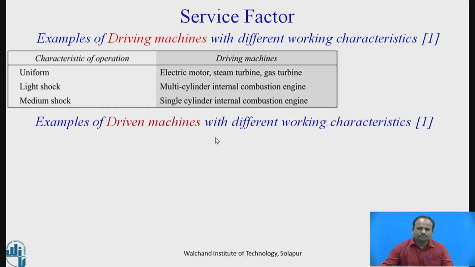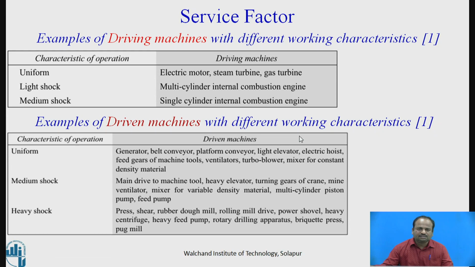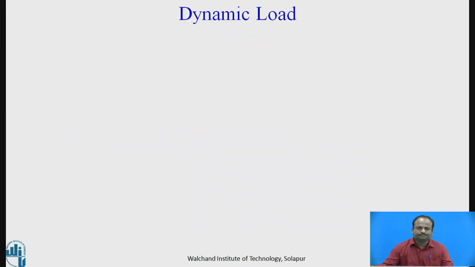Next, examples of driven machines with different working characteristics are given here, with uniform, medium shock and heavy shock. According to uniform, medium shock and heavy shock, different values of the service factors are recommended, which we need to consider for the further calculation.